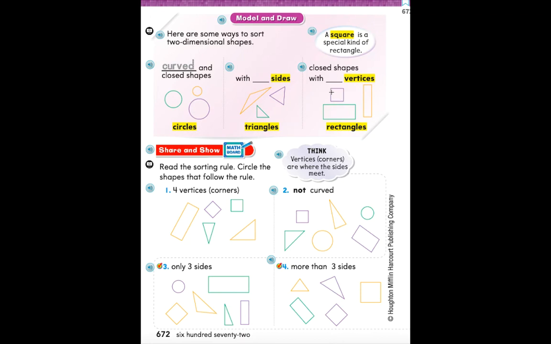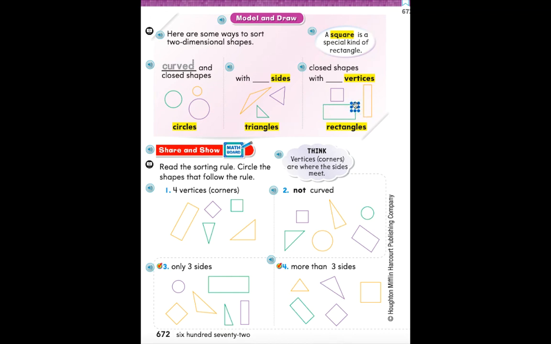Now, the point where two sides meet is called a vertex. This point is a vertex of the square, and this point is a vertex of the rectangle. So there are four vertices.